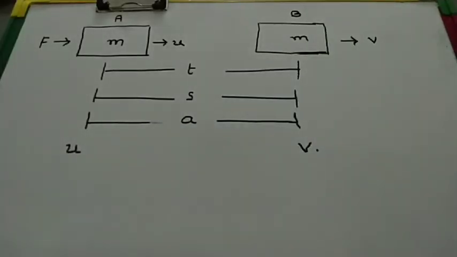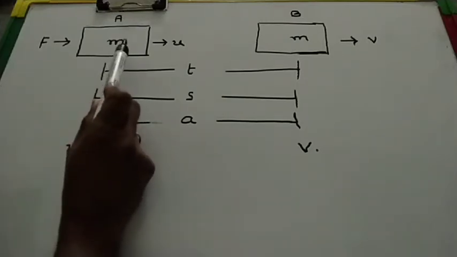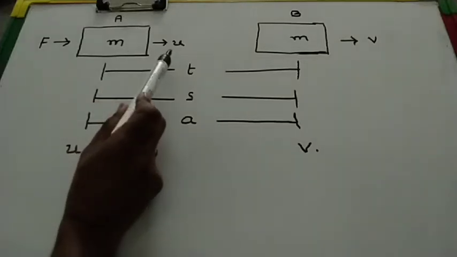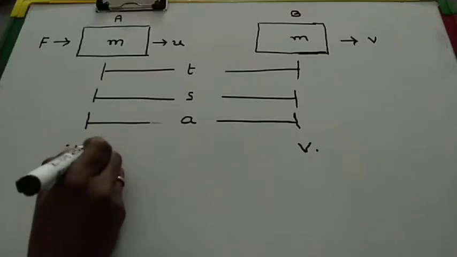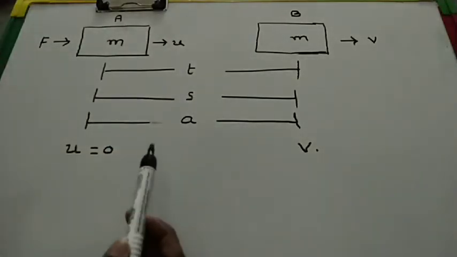This is the diagram about the kinetic energy theorem. Let an object of mass m have initial velocity u, but consider u is equal to 0. It is lying on a smooth surface.